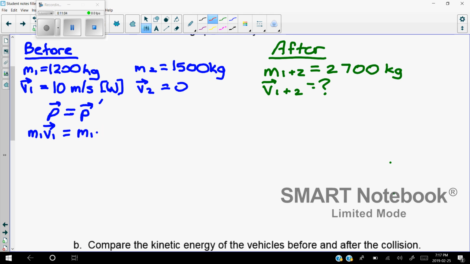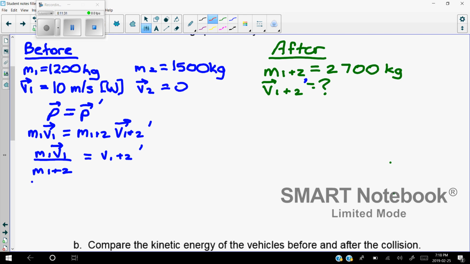So that's going to be M1 plus 2 times V1 plus 2 prime. I forgot to put a prime up here, so let's add that in. And then we are solving for V1 plus 2. So I'm going to divide both sides by M1 plus 2 to find my velocity.